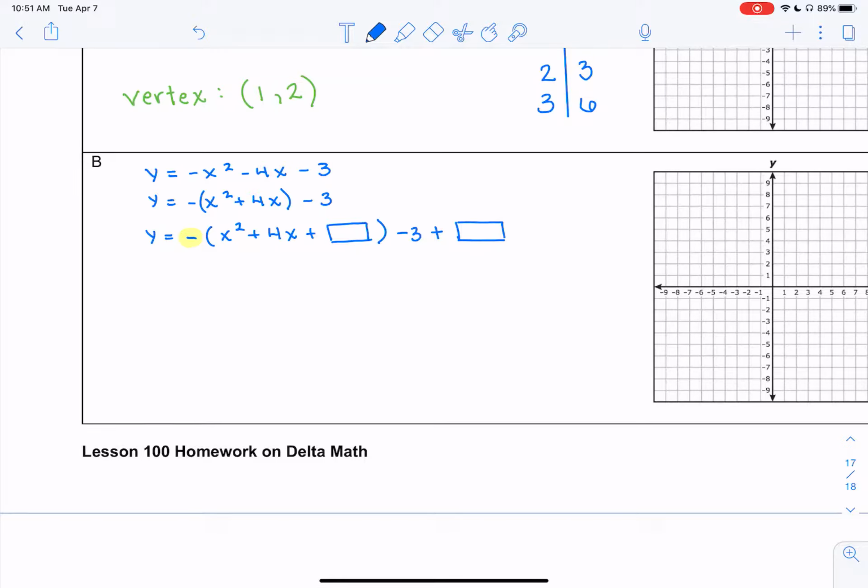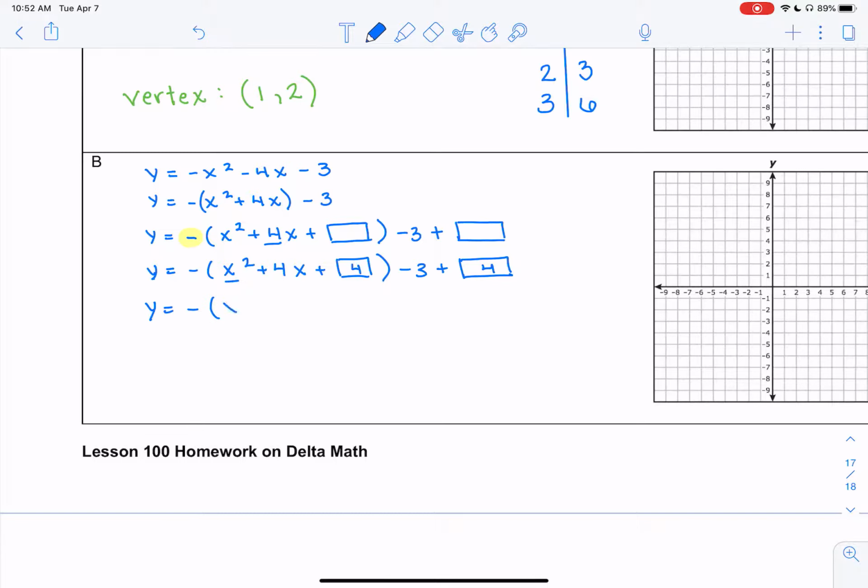Okay, and then that magic box is to take that b value and divide it by 2 and square it. So 4 divided by 2 is 2, squared is 4. That means inside the magic boxes, I'll put a positive 4. All right, and then I go back to rewrite it in factored form.